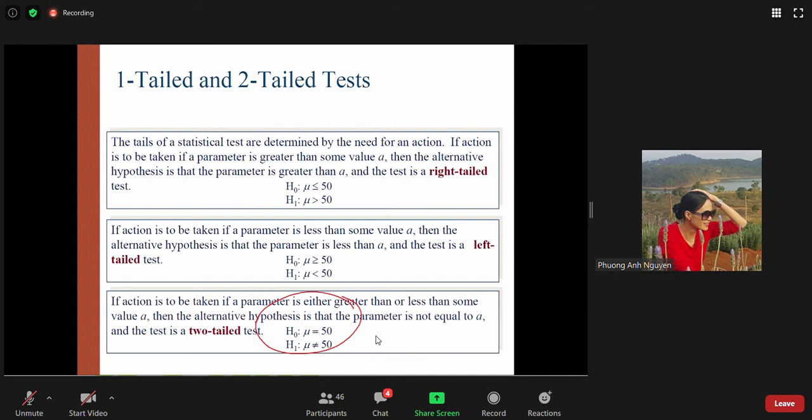Of course, we collect data from a sample and calculate the test statistic. Hopefully it follows a distribution that we know, for example, the normal distribution.